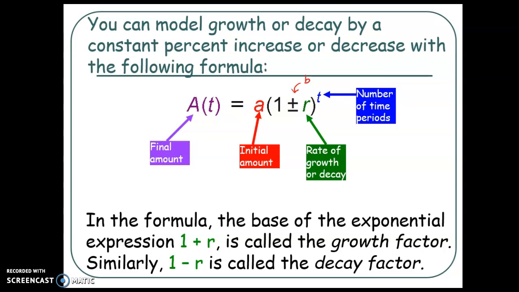Use it for money too. The base of the exponential expression, 1 plus r, is the growth factor. 1 minus r is the decay factor. So once again, you can see that this is going to be greater than 1 for growth and less than 1, greater than 0 for decay.